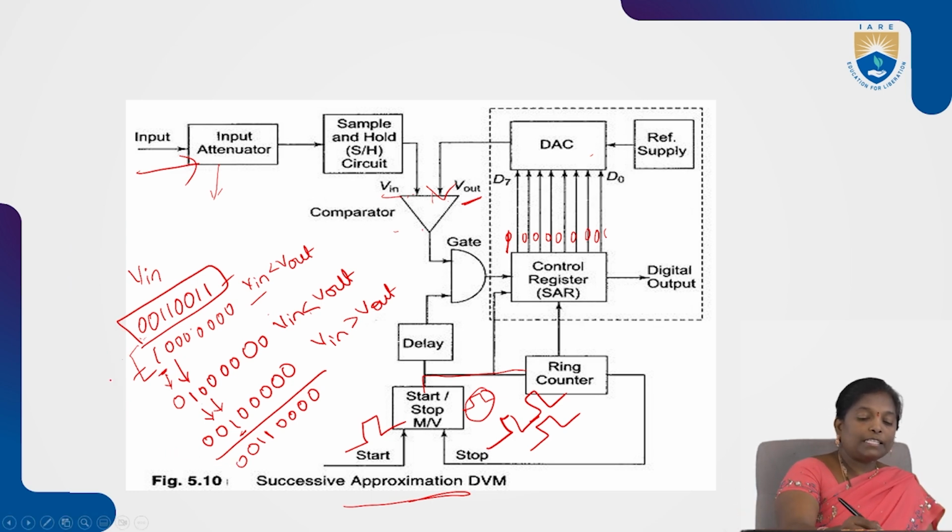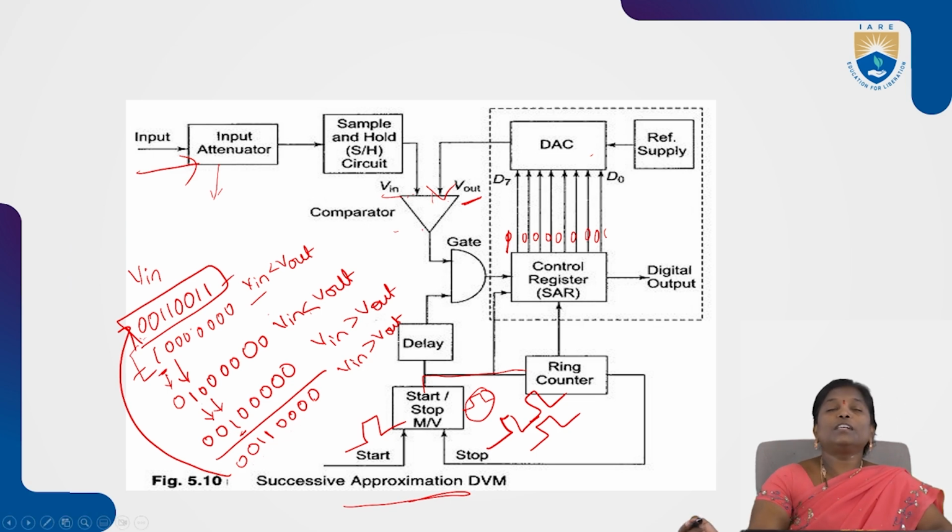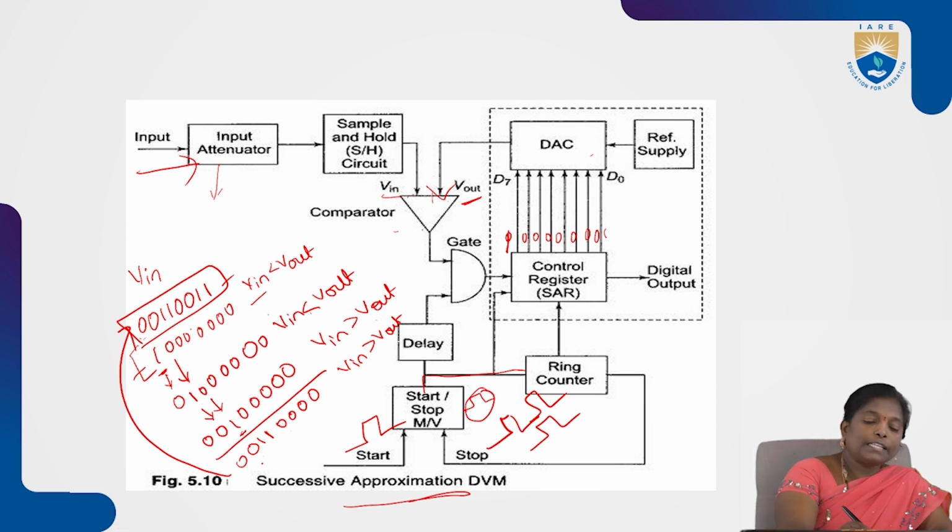If we compare this output with the input, we can conclude that here also the input voltage is greater than output because the input voltage is 00110011, whereas output is 00110000. In this case also, input voltage is greater than that of output voltage. So keep the first 4 bits as they are.